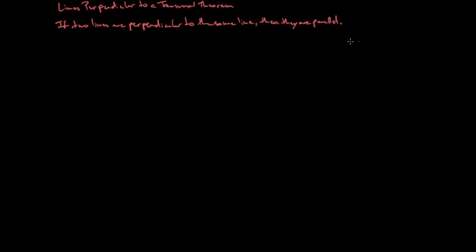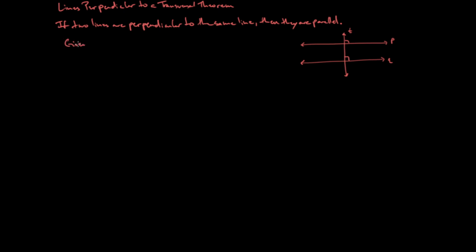So let's go ahead and make our diagram. I'm going to have two lines that appear to be parallel to each other, but we don't know that they are. And then I will have my transversal here, and this transversal is perpendicular to both of these lines. All right, so I will write my givens.